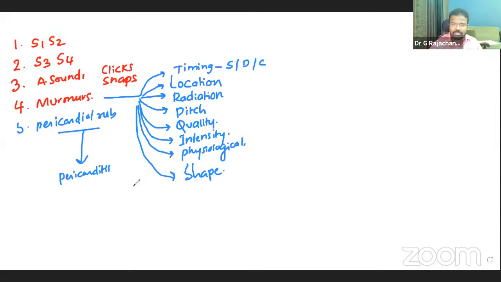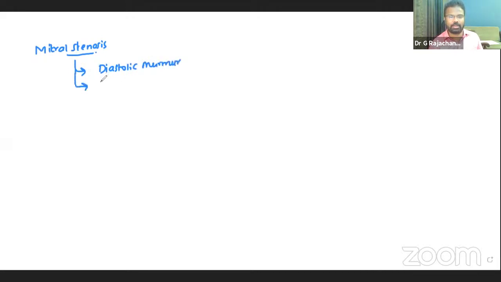Now let us imagine we are actually talking about a case of mitral stenosis. Okay, I will describe mitral stenosis right now. If you are seeing a case of mitral stenosis, what happens? Mitral stenosis actually produces a diastolic murmur. To be very classical and frank with you, it is a mid diastolic murmur.